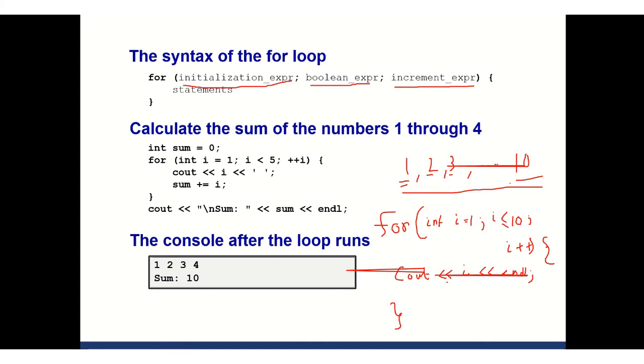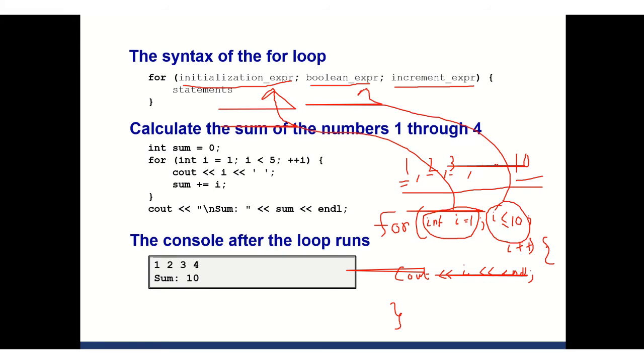So that is the basic syntax of the for loop. Here, this is the initialization expression. Then i less than or equal to 10 is the Boolean expression. And then i plus plus is the increment expression for the for loop.